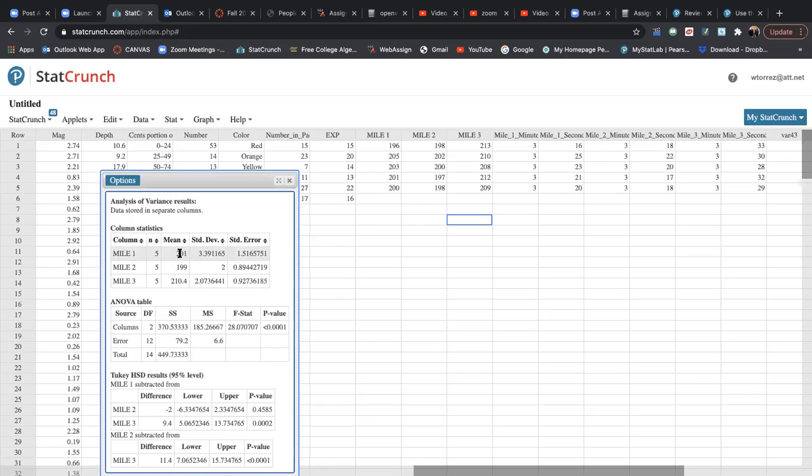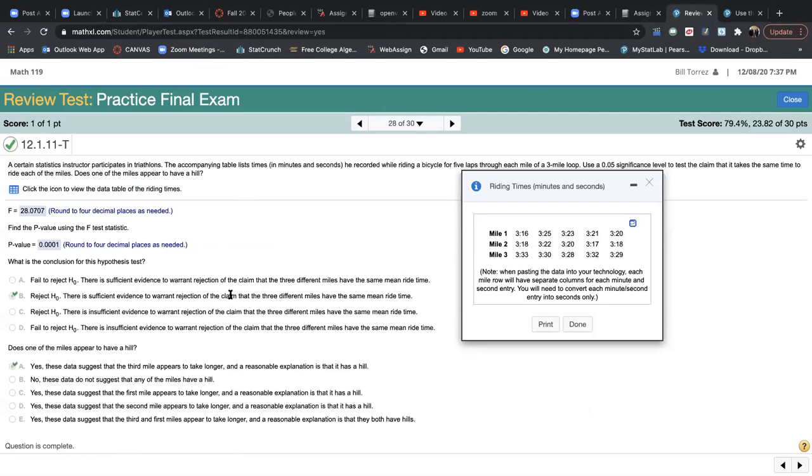So this tells us that mile 3, because it's showing a higher mean, may have some sort of a hill in it, which would slow down the triathlete. So we would say that the 3rd mile appears to take longer, and a reasonable explanation is that it has a hill.